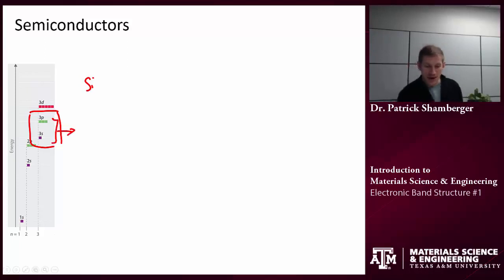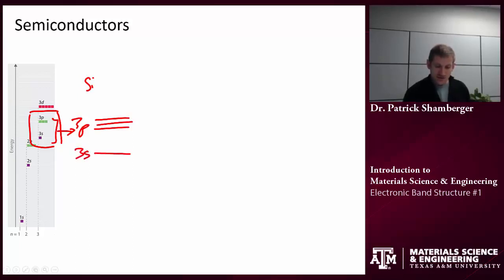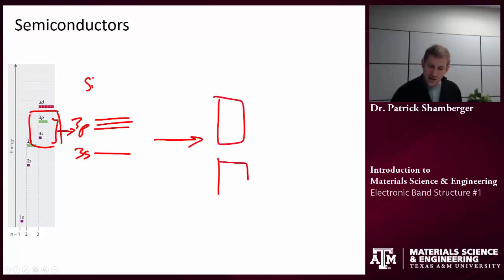So when I start combining silicon atoms together, an individual atom will have 3p levels and 3s levels. Remember, there would be 3 orbitals in the p case, 1 orbital in the s case. When I combine together many, many atoms, these are going to all mix together, but the result actually gives me 2 continuous bands with a small separation in between.